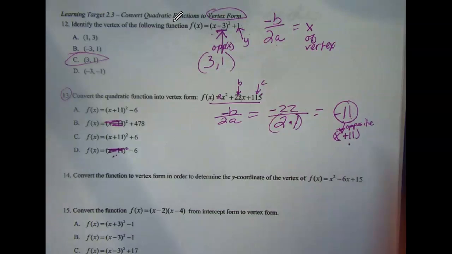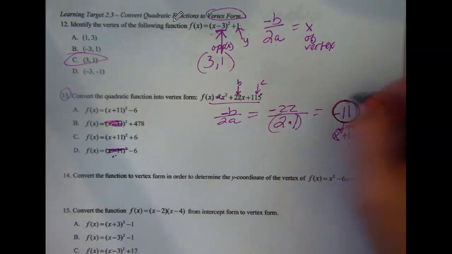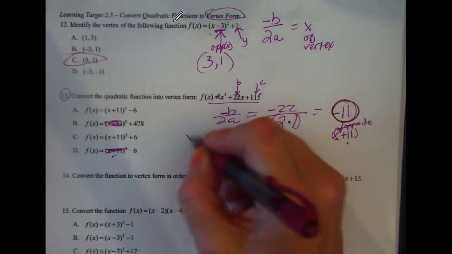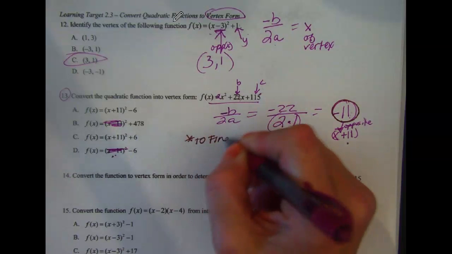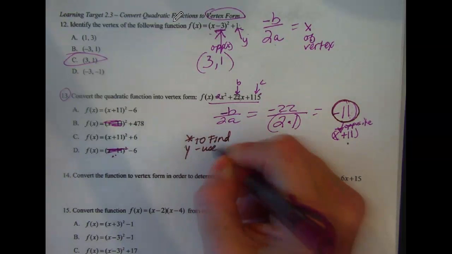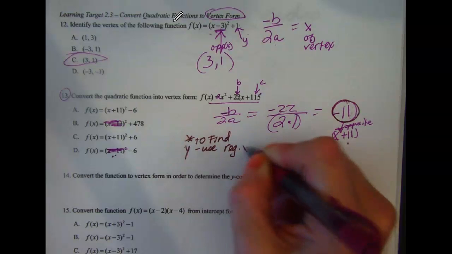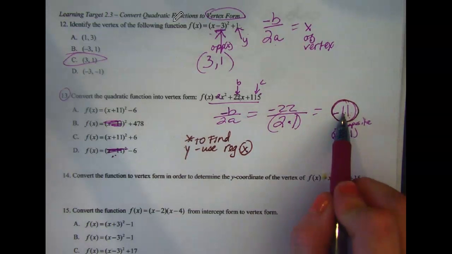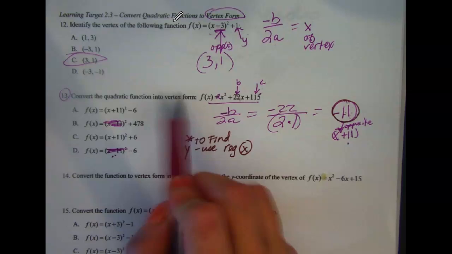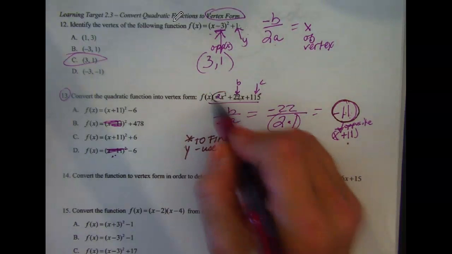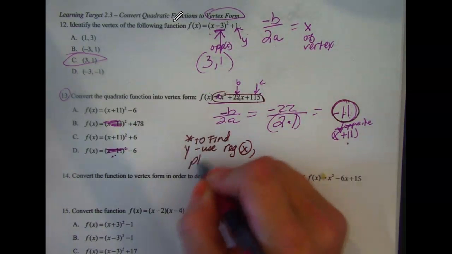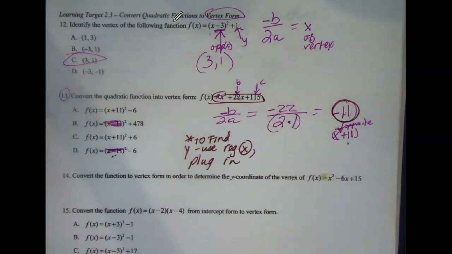And then the last part is, how do I find my y? Well, if I have my x, this is where you use your regular x to find y. You use your regular x, so the actual x you solved for, and you plug it back in to your original equation. I'm sorry, function.